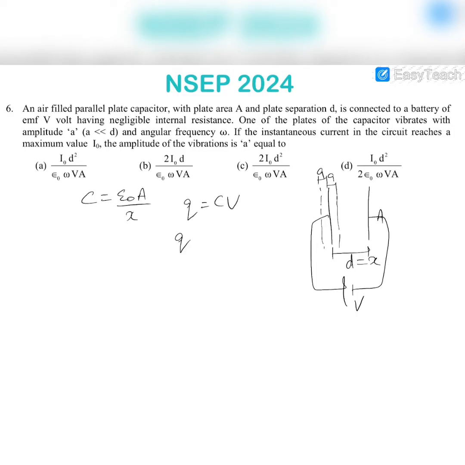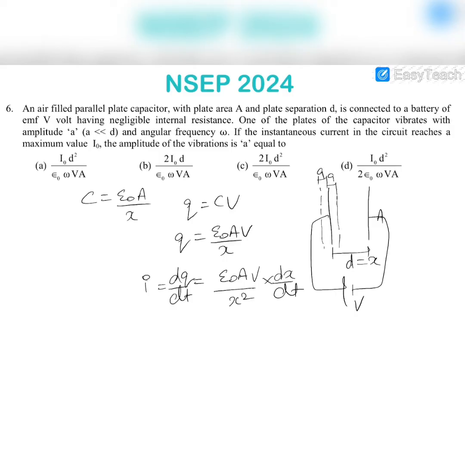So Q is equal to epsilon naught AV by X, and dQ by dt is the current flowing, so it would be epsilon naught AV divided by X square, with a negative sign, which we are ignoring, into dx by dt.